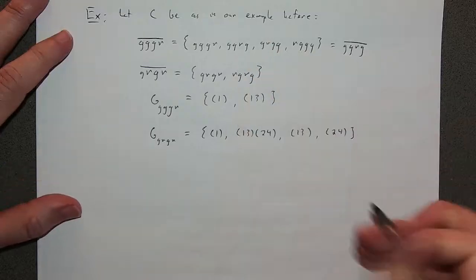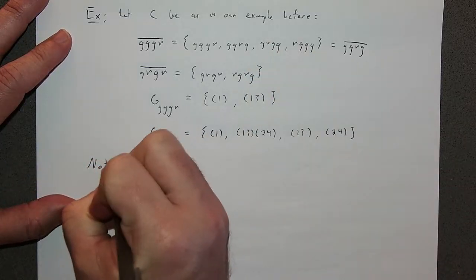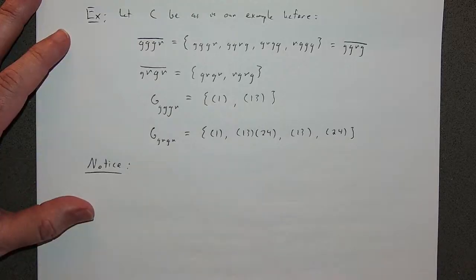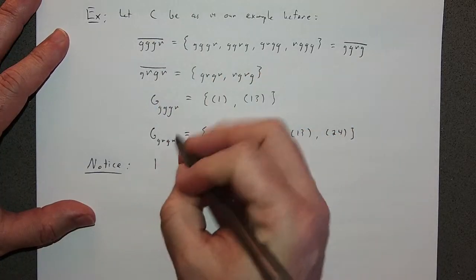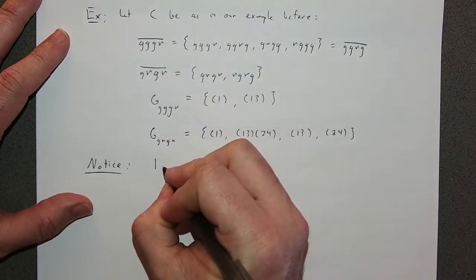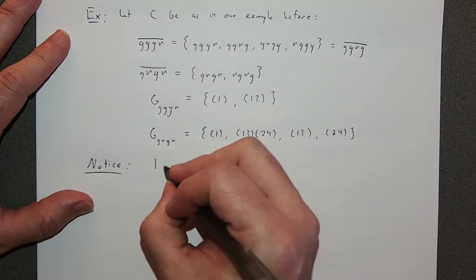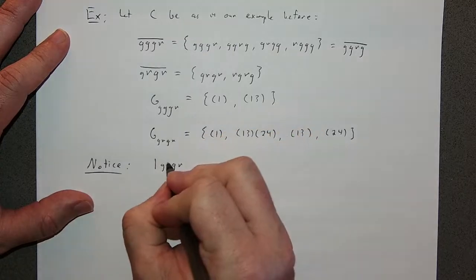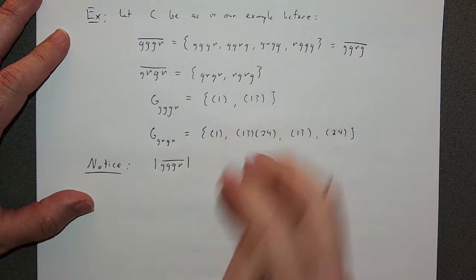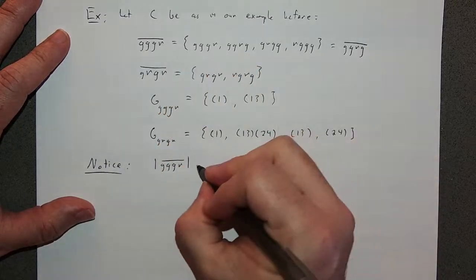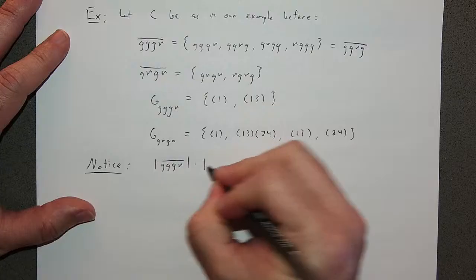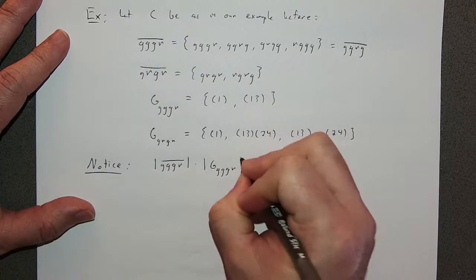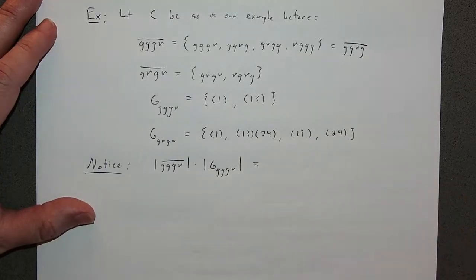Now what I want you to notice is that the product of the size of this equivalence class with the size of its stabilizer is what?